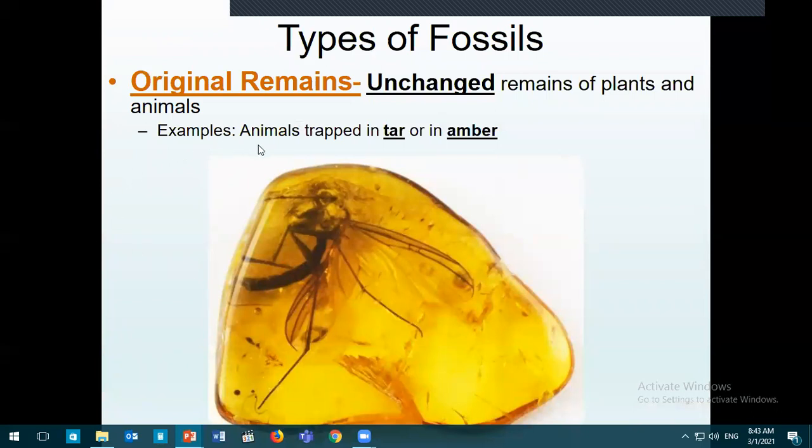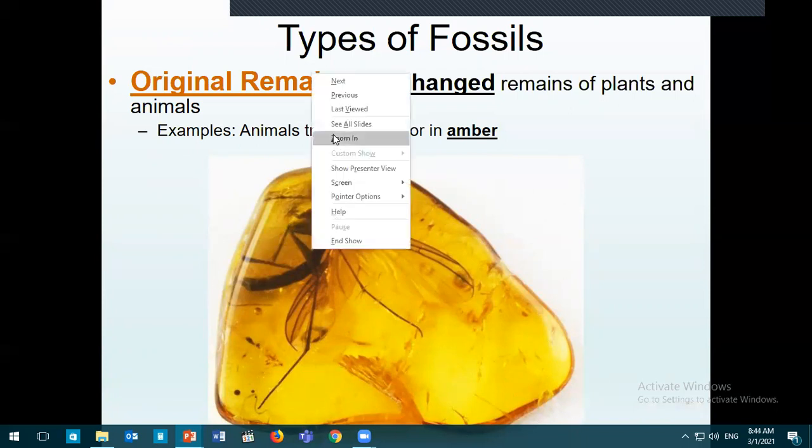The last example of the original remains or unchanged remains is the amber. This is what we call amber. It is a liquid that becomes hardened after a while. The insects or some animals can get trapped in it, and once it's hardened, they just give you this shape, which we call amber, with all the details inside.